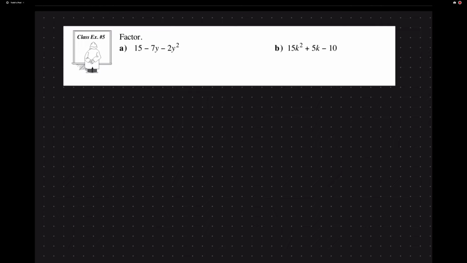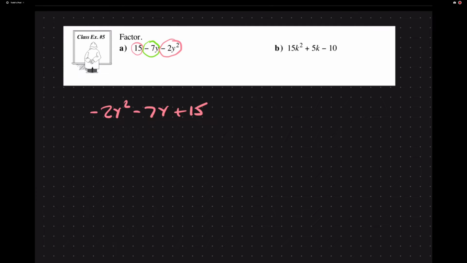Recognize I got three terms: a positive 15, a negative 7y, and a negative 2y squared. Putting those circles around it, make sure that you keep the correct sign with that term. So I'm going to rewrite this in descending order. We've got a negative 2y squared minus 7y plus 15.